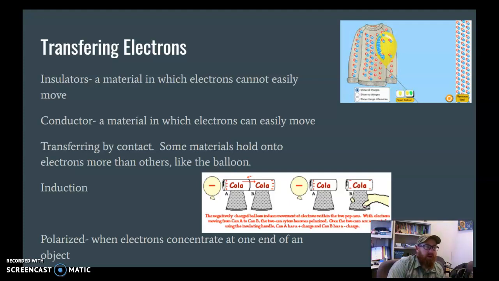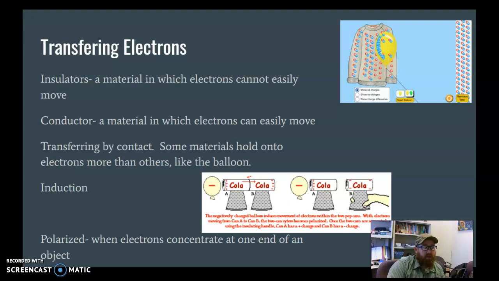And conductors are materials like the copper inside of the wires there. A conductor is a material in which electrons can easily move. So we have this material on the inside of the wire that conducts electrons very easily, and then on the outside we have the plastic that is an insulator, and the electrons don't move very easily through that.